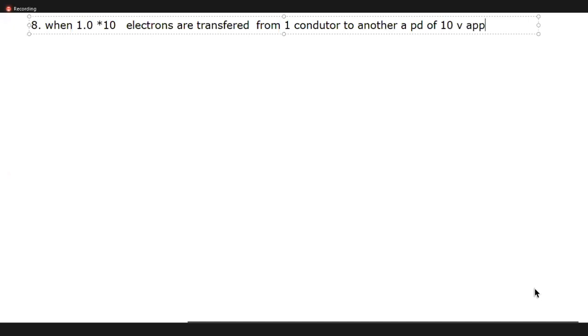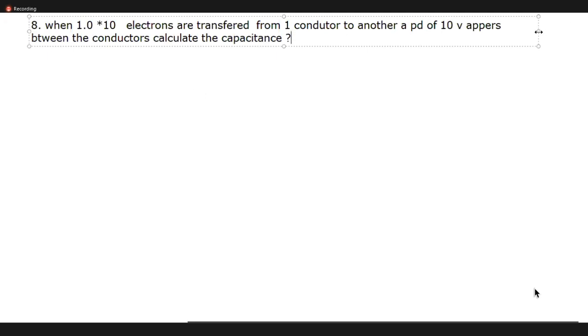10 volt appears between the conductors. Calculate the capacitance.